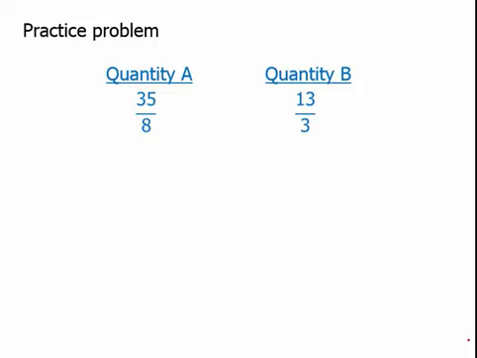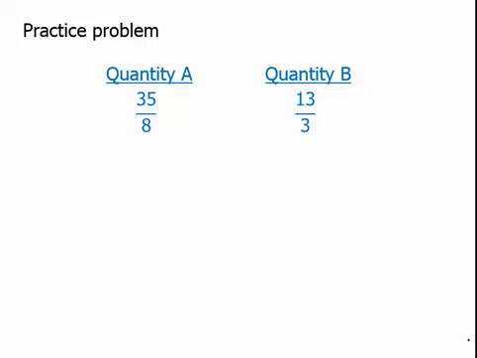Okay, so first of all, I realize that if you haven't reviewed fractions yet, it might be a little bit challenging to think about all this. If you're rusty with fractions, don't worry, we have a whole module with fractions coming up soon. I'm just going to talk about some of the very basics here. Now you may notice, for example, that 35 divided by 8, that's 4 and some kind of remainder.